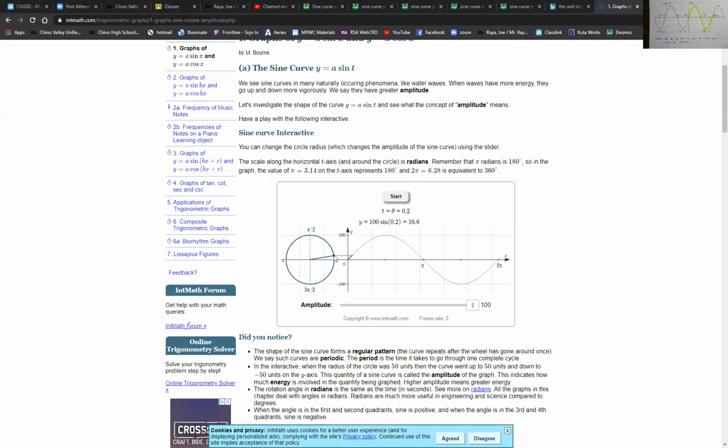And then remember, as I go around the circle, I start moving up to the maximum, back to 0, and so forth. So when does it start to repeat? Now, boom, starts to repeat. How long does that take? It takes one complete cycle around the circle. So the period is 2 pi. All right, that is the period.